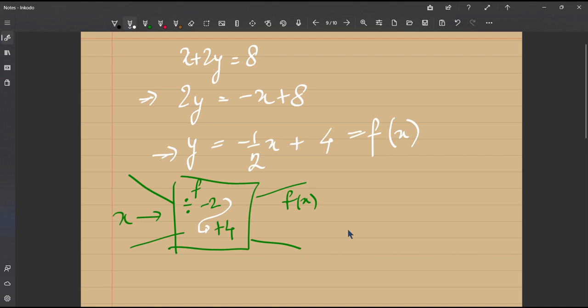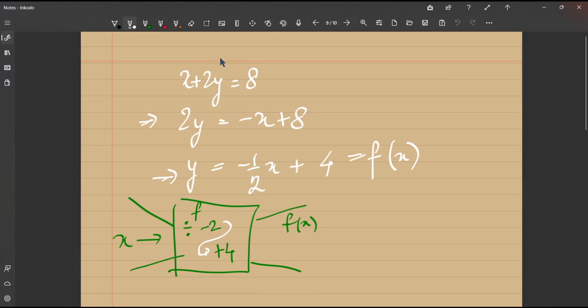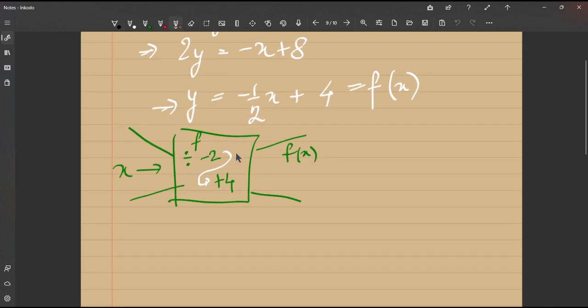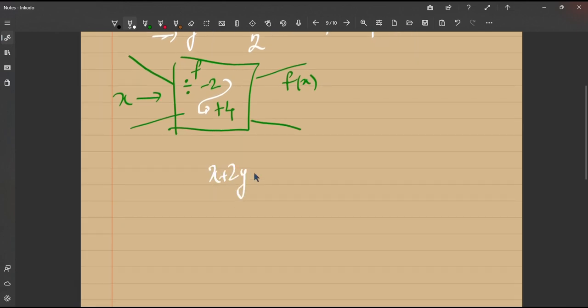You can actually look at lines as functions, and you can plot them in the graph, and the plot will obviously be the same plot, this plot. And for the other line, the function would be something like this. I'll still use the same color. x plus 2y equal to 1, and this would mean y is equal to, I'm skipping a couple of steps, but I think you get the idea, negative 1 over 2 x plus 1 over 2.